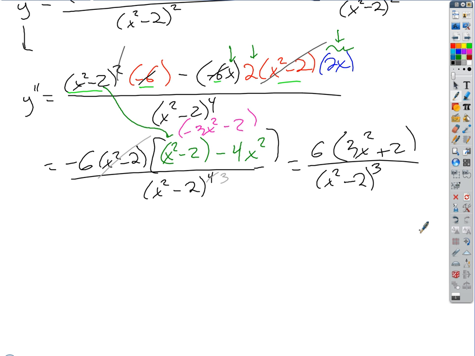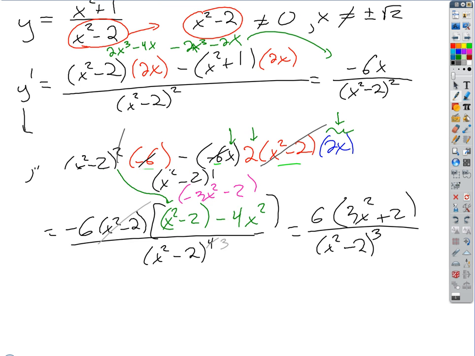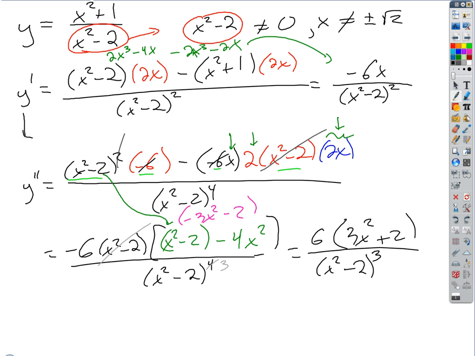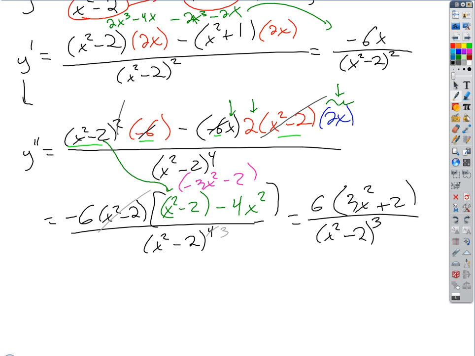So there are no critical numbers. Well, we'll get to that. Let's do the first derivative first. So what about right here? Can you take one step back for a second?